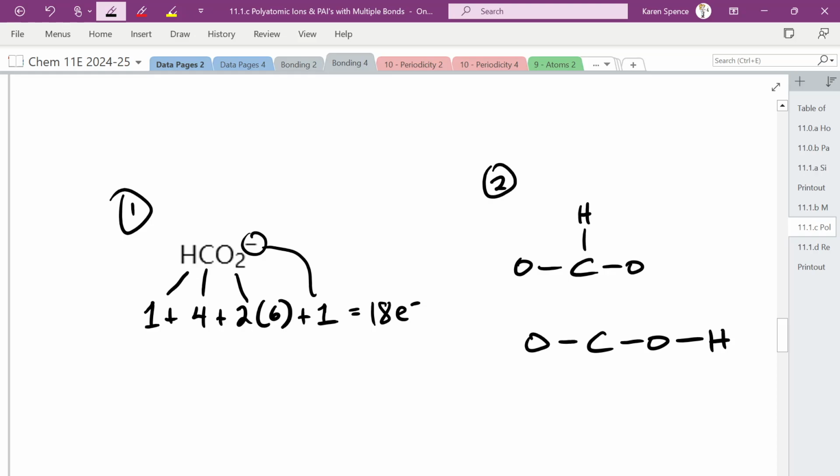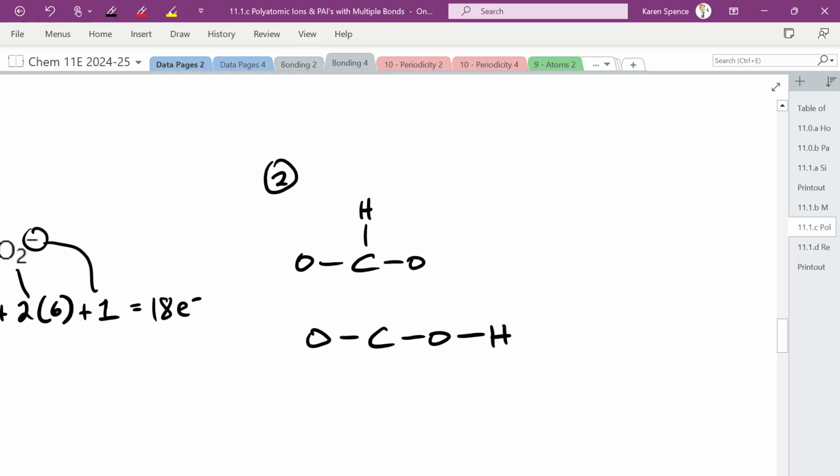What do you guys think of my 2 possible skeleton structures? Which one do you like better, the first one or the second one? First one. I agree with you, but why? They're further apart. Well, there's a few reasons. Our chemical formula says HCO2 minus.